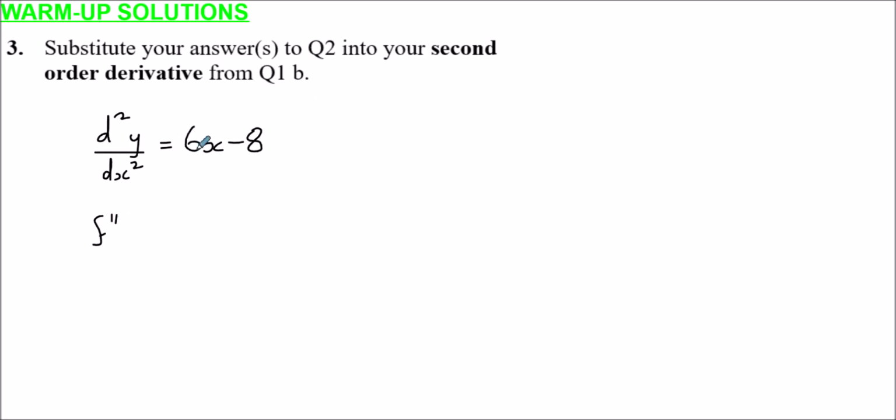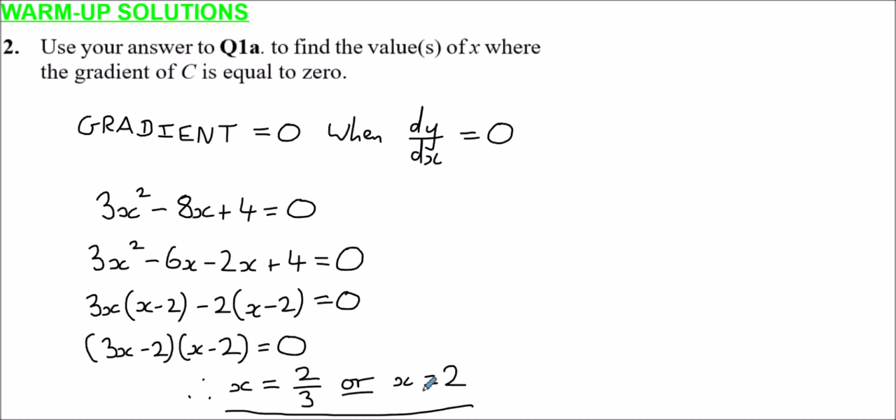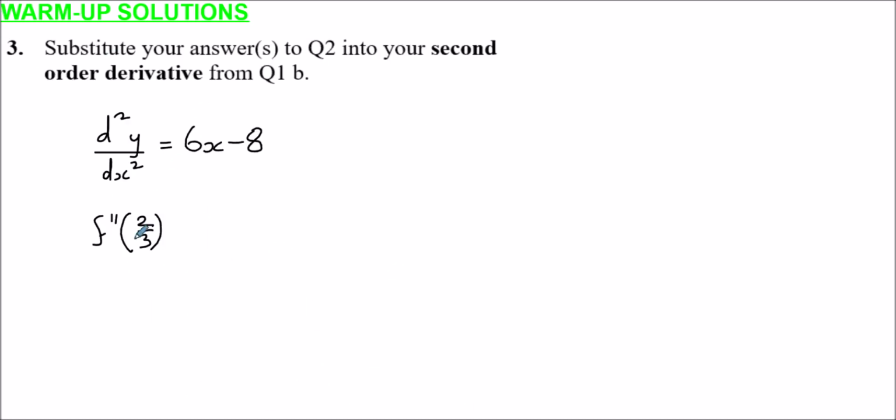And so we can compute this second order derivative for when x is 1/3. So when x is, whoops, my apologies, not 1/3, it was 2/3, wasn't it? Almost made yet another blunder, infamously. Yes, just going back here, we had 2/3 or 2, my mistake. So when x is 2/3, the second order derivative will be 6 times 2/3 minus 8, which would give us -4.